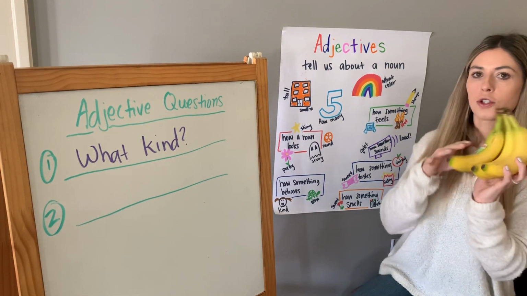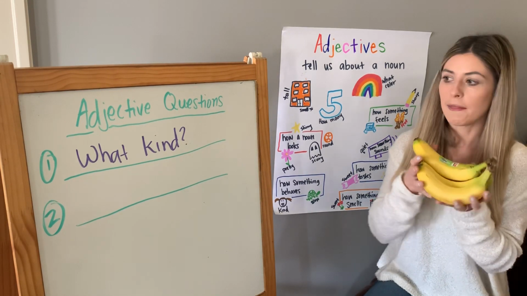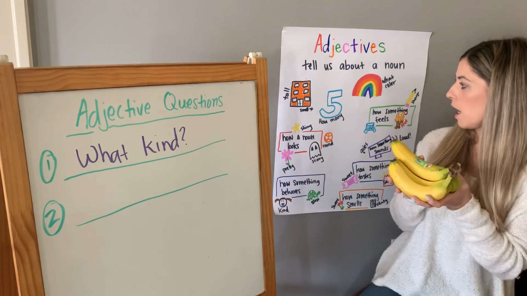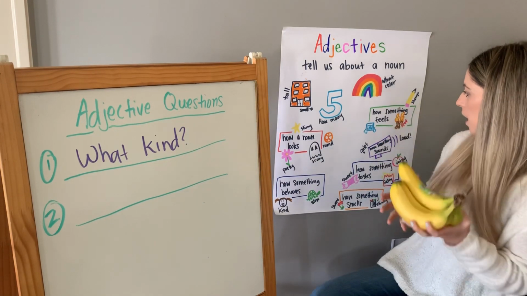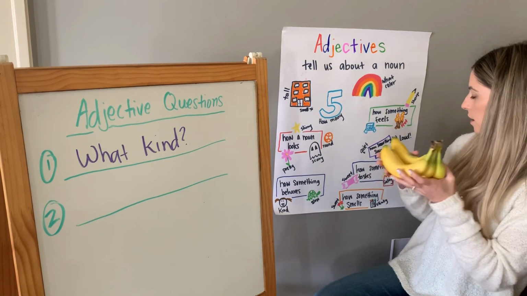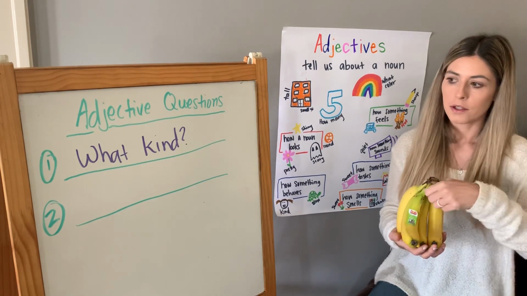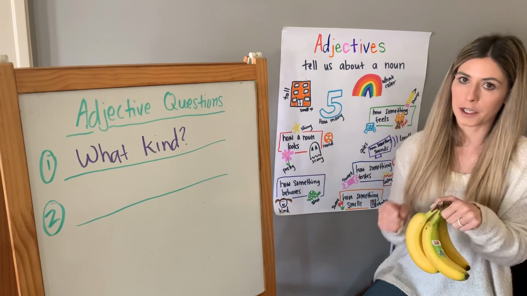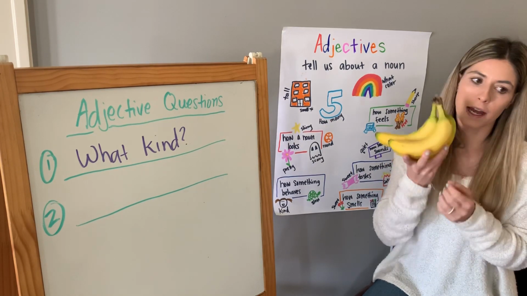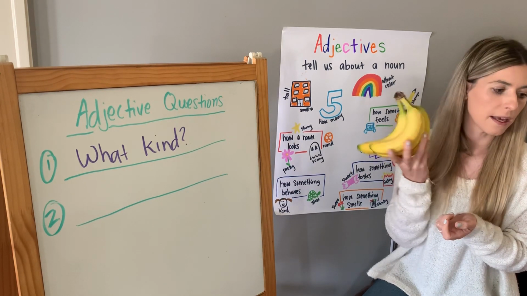All those things describe the bananas, and that would say what kind? What kind? Yellow. What kind? Sweet. What kind? Smooth. What kind? Small. So now I have another question for you that's going to help us find another adjective to explain this.